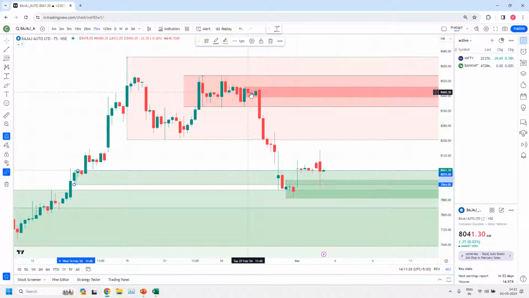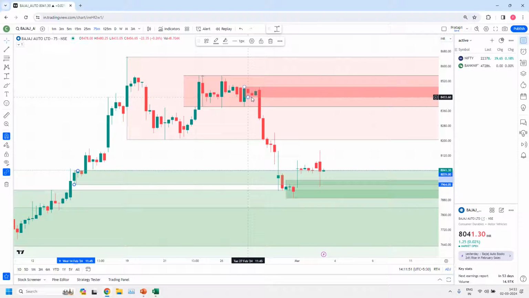But whether it violates one demand zone or three demand zones, it gets only one achievement, which is called zone achievement. Even if it violates 1 or even if it violates 3, the maximum score it will get is only 2. Don't think that for the first demand zone we get 2, and for the second demand zone another 2, that is wrong.